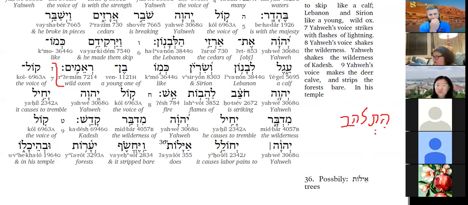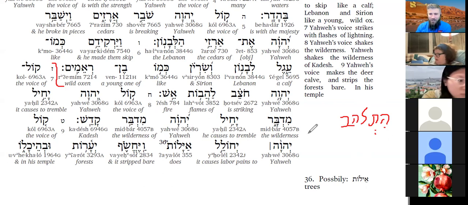It's to be enthusiastic, isn't it? Ani lo mitlahevet al ze. I'm not excited about that. So I guess it comes from that root, being hot in flame for something. Hitlahev. But lahav is a flame of esh, fire. Okay.